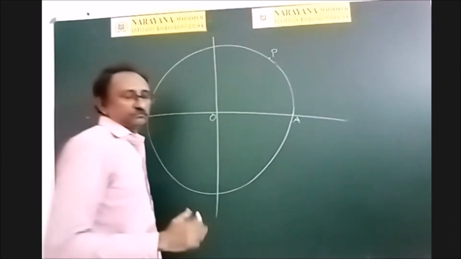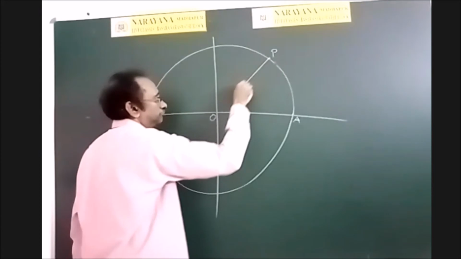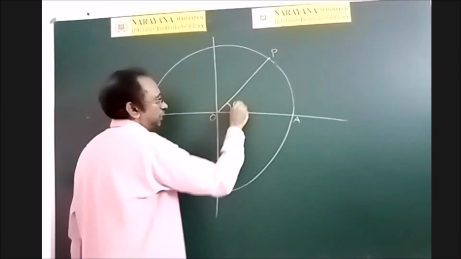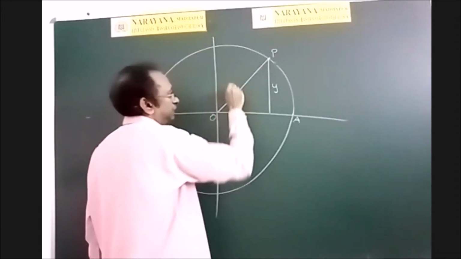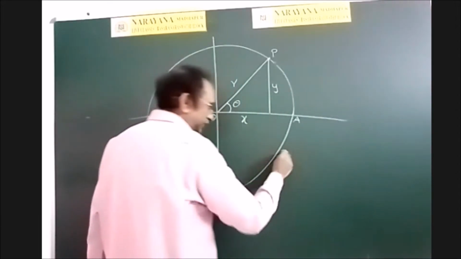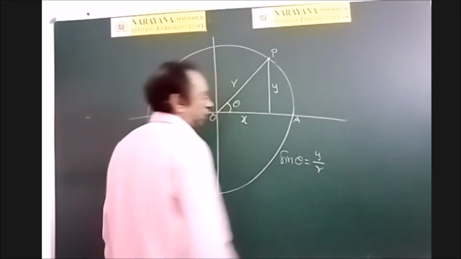Now we confine our discussion to sine only. If this is theta, this is the opposite side y, this is x, and this is r. What is the definition of sine theta? Once again tell me. That is nothing but y by r.